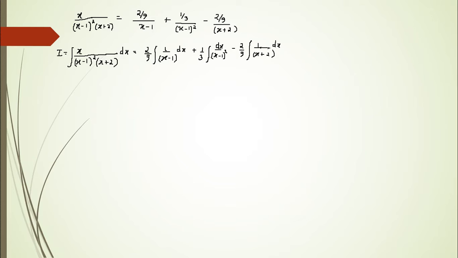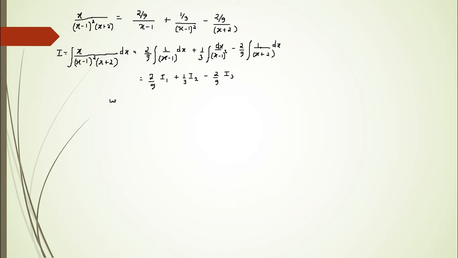Now I can write this as 2 by 9 into I1, plus 1 by 3 into I2, this I do for convenience, and minus 2 by 9 into I3.